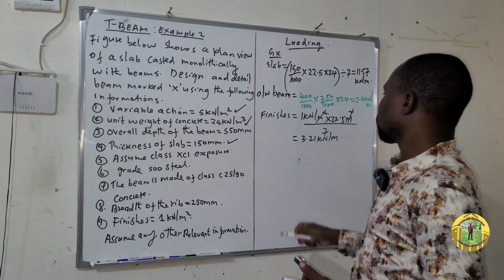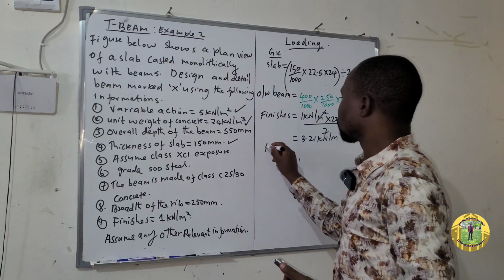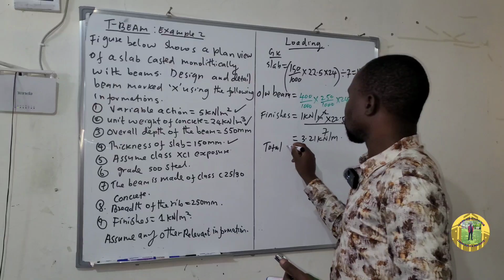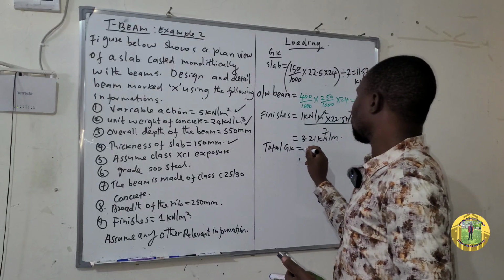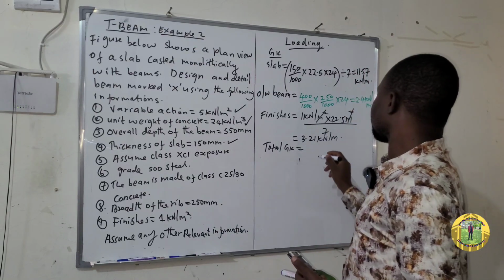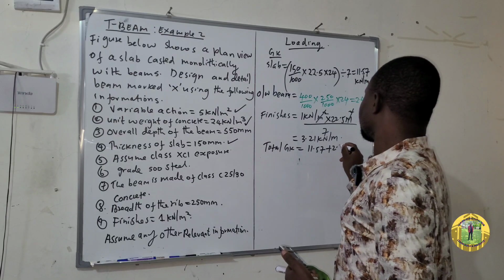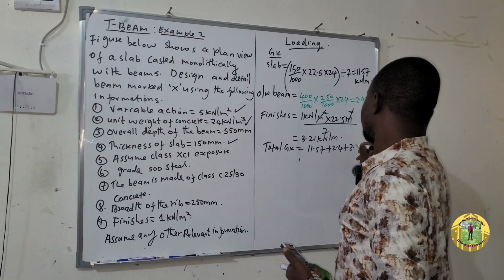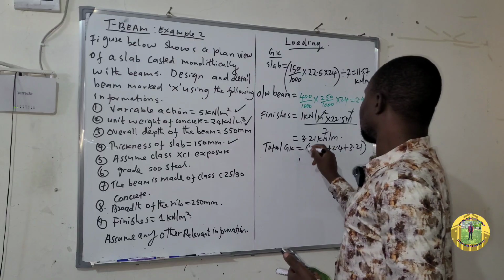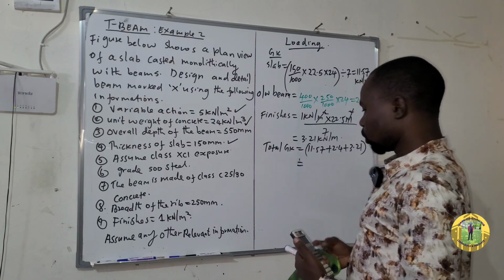Of course, we are supposed to calculate the total permanent action. So total GK is equal to 11.57 plus 2.4 plus 3.21.